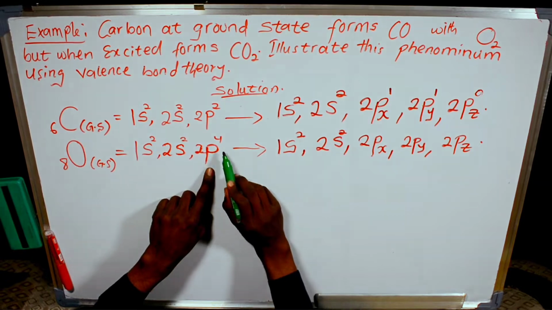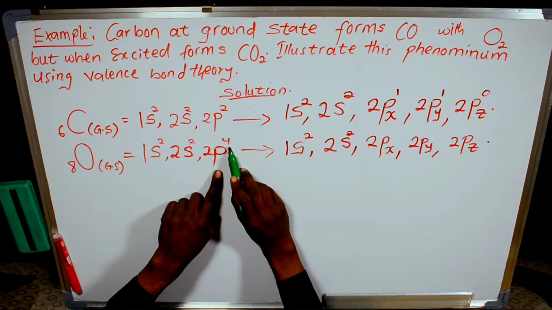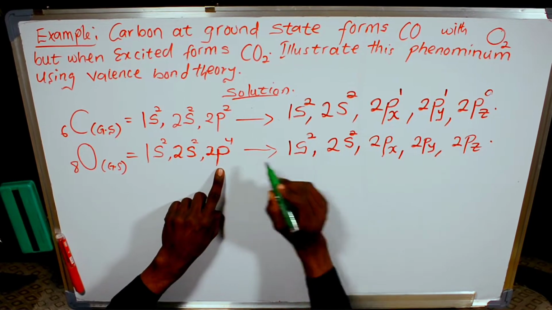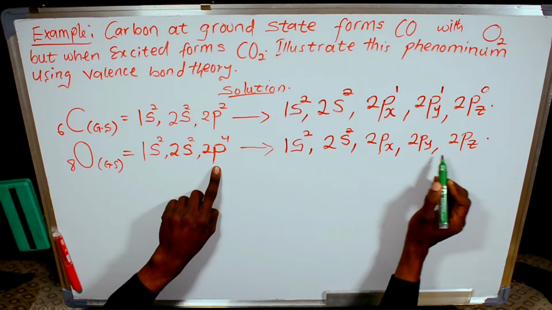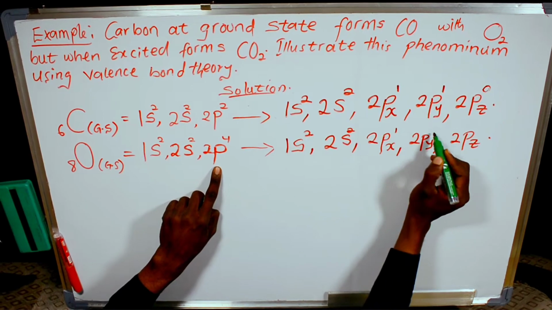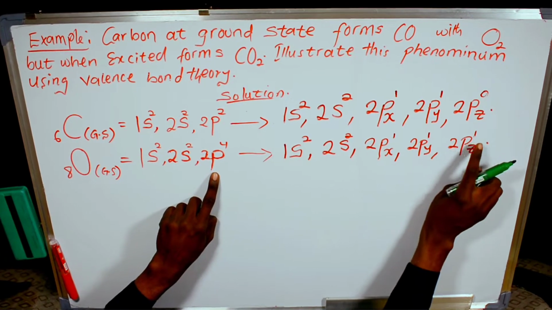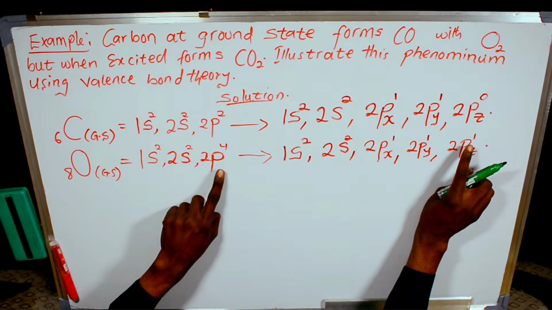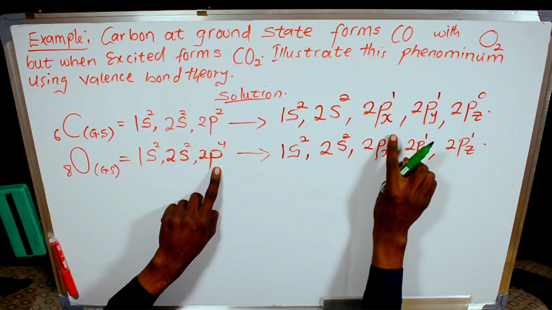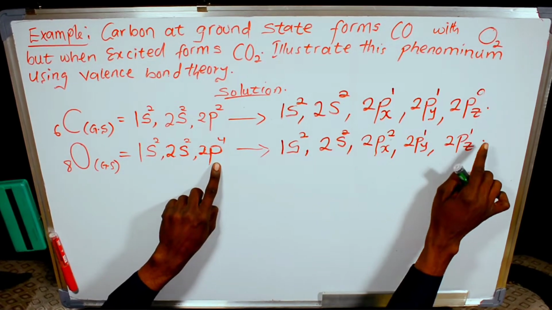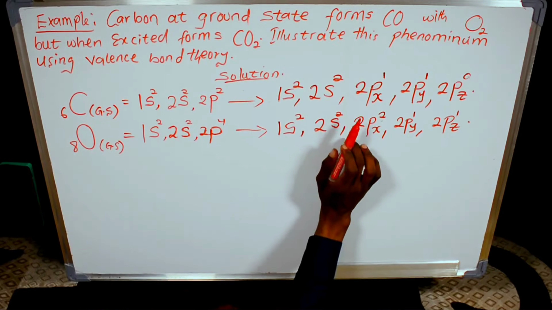But here it contains 4 electrons, so we share these 4 electrons among these orbitals. That is, here we have 1, 1, and 1. 1, 2, and 3. It means there is 1 electron remaining here. So we clean these and put 2. We have 2, 3, and 4. That is 4 electrons complete.